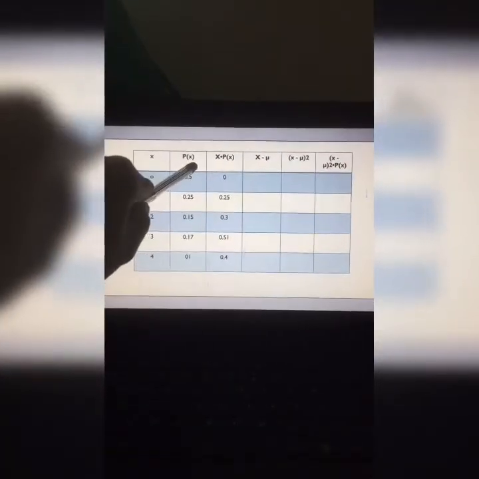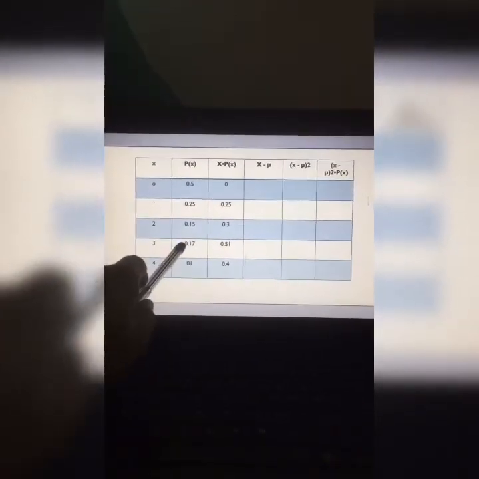As you can see guys, we have 6 columns as of now, but 2 of them are given, so we can easily answer the remaining 4 columns. X and p of x are given: x is 0, 1, 2, 3, 4, and p of x is 0.5, 0.25, 0.15, 0.17, and 0.1.